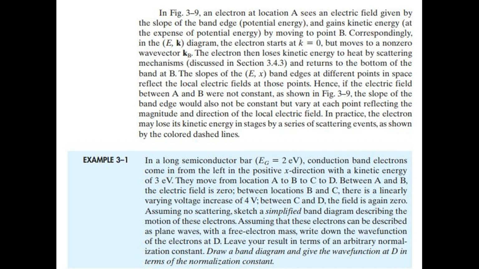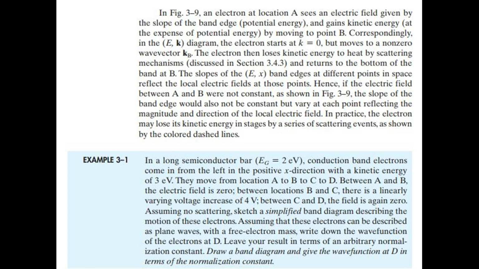In Fig 3.9, an electron at location A sees an electric field given by the slope of the band edge, potential energy, and gains kinetic energy, at the expense of potential energy, by moving to point B. Correspondingly, in the E, K diagram, the electron starts at K equals 0, but moves to a non-zero wave vector. The electron then loses kinetic energy to heat by scattering mechanisms, discussed in section 3.4.3, and returns to the bottom of the band at B.